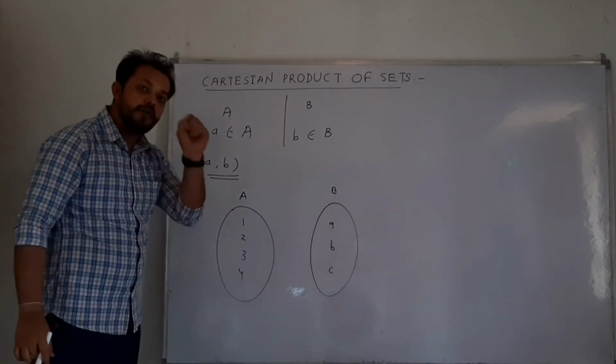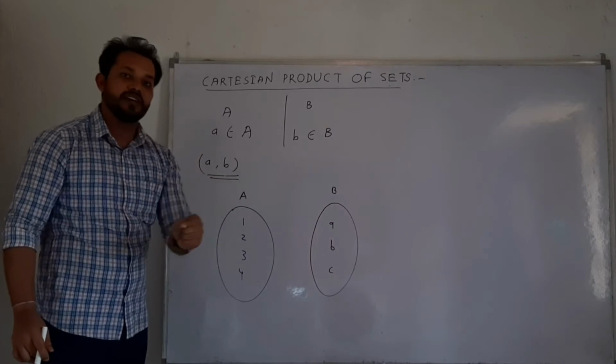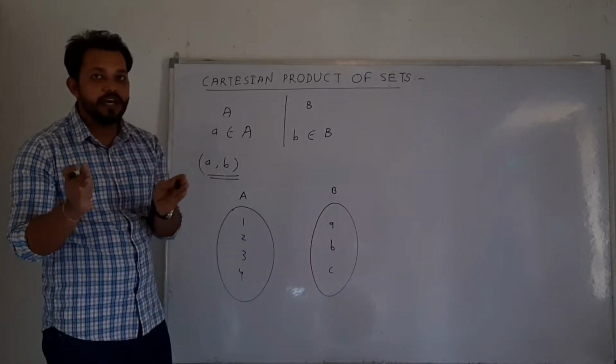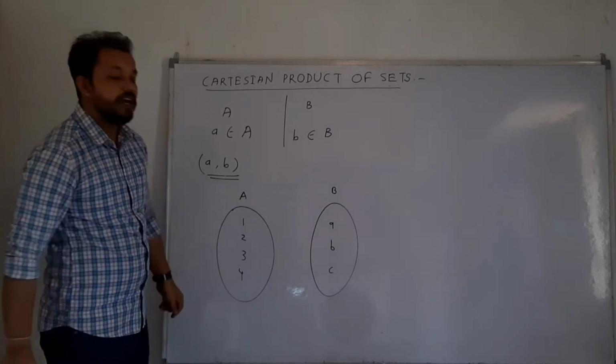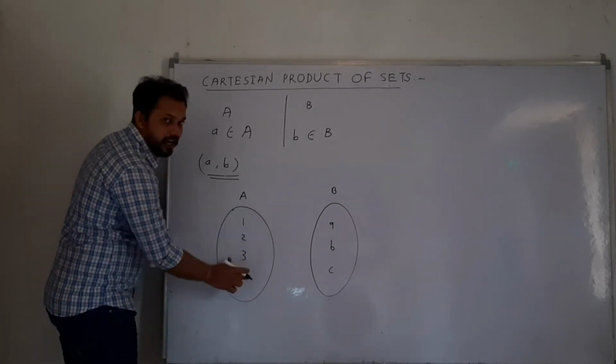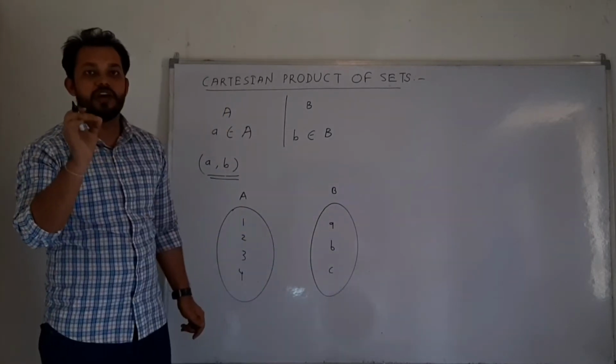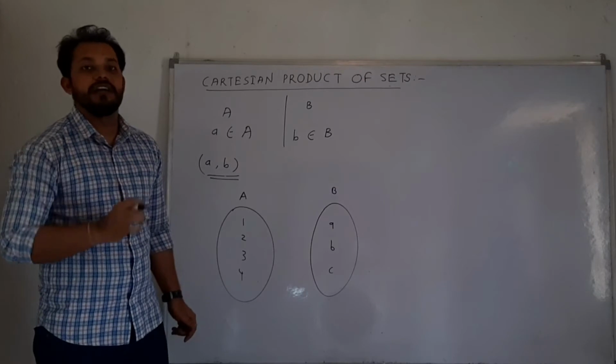Then the set of all ordered pairs. We know what an ordered pair is: a pair of two elements, one belonging to set A and the other belonging to set B. What are the possible ordered pairs and how to find them?